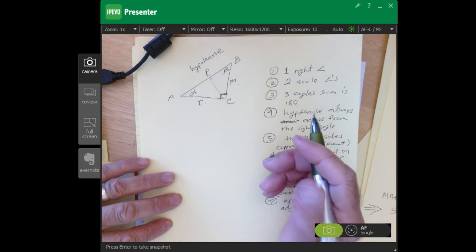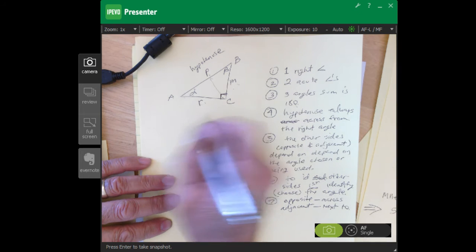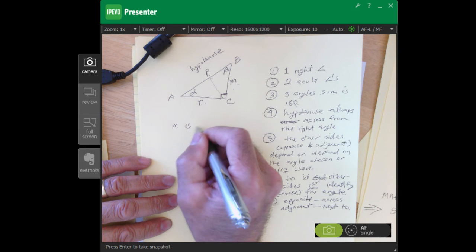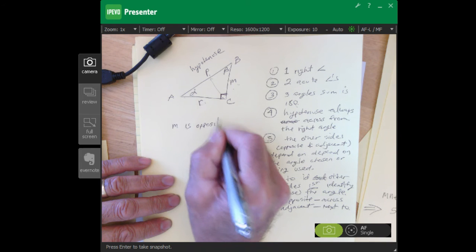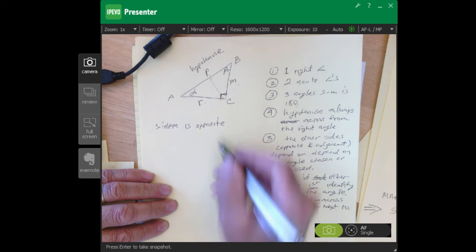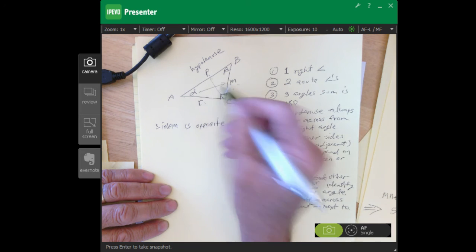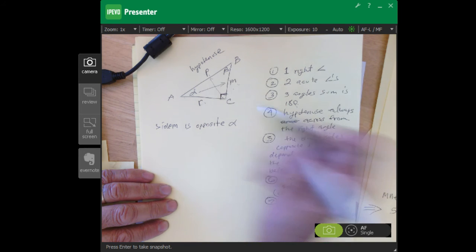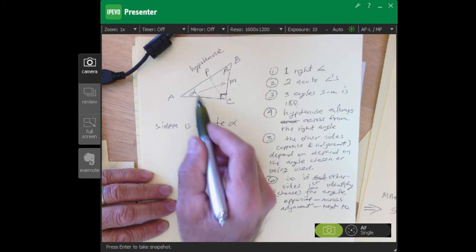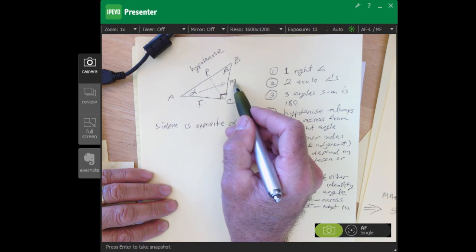So once you get these things straight, if we look at this right up here, M is opposite. Maybe I should write side M is opposite alpha. Whereas R, you go across the middle of the triangle to get to the other side, that's the opposite side.